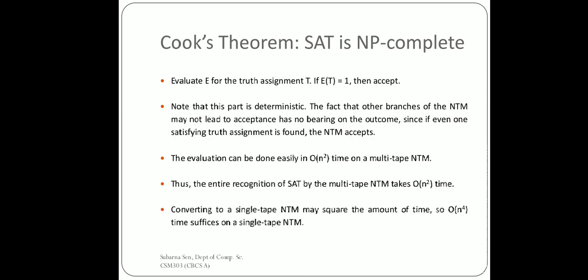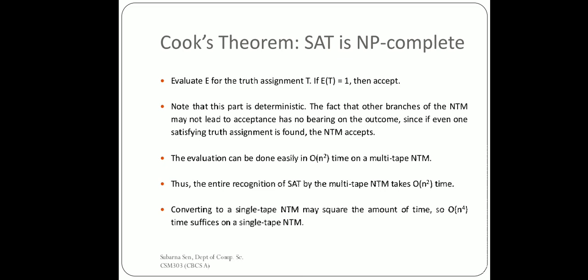Now we have to evaluate E for the truth assignment T. If E of T equals 1, then we accept, otherwise we reject. You can see this part is quite like a deterministic approach. For output 1 we accept, and for output 0 we do not accept.